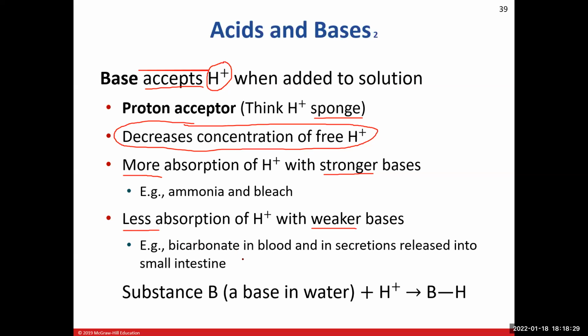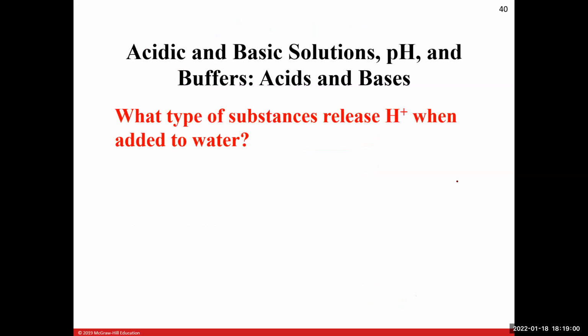The buffers in your blood help to prevent major changes to the acidity of your blood. Bicarbonate is an example; we'll get into more of that. So when you add substance B, which stands for base, to water, it's going to suck up as many of those free-floating hydrogen ions as it can. Think of it like that.